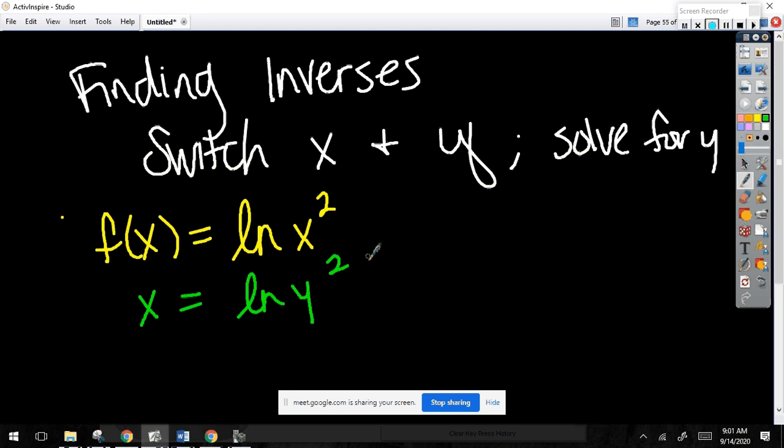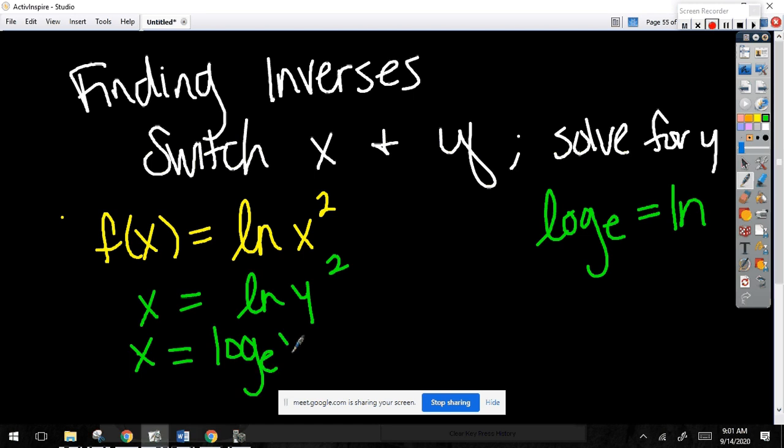Now, I'm trying to solve for y. Why do I need to know that that's log base e? How am I going to get this solved for y? Do you remember? You multiply by e. No, I'm using the exponential of log.